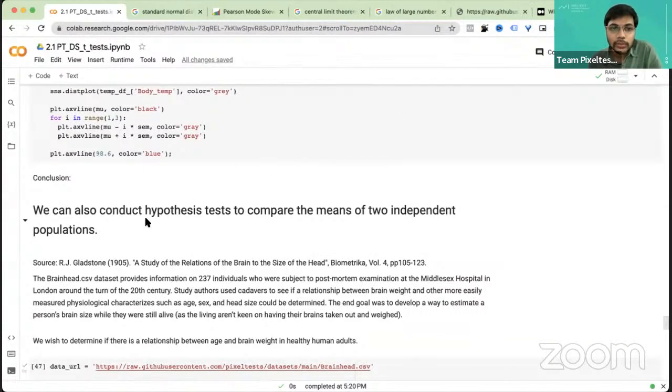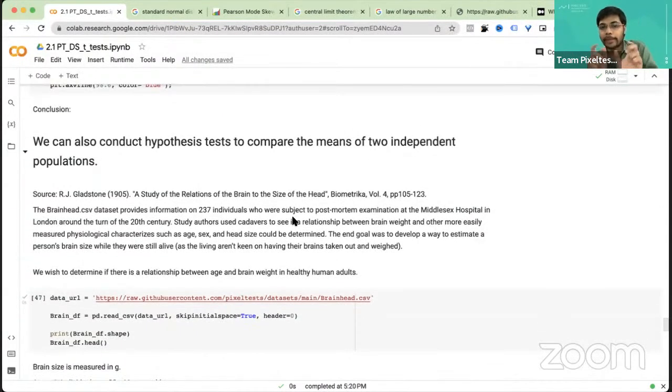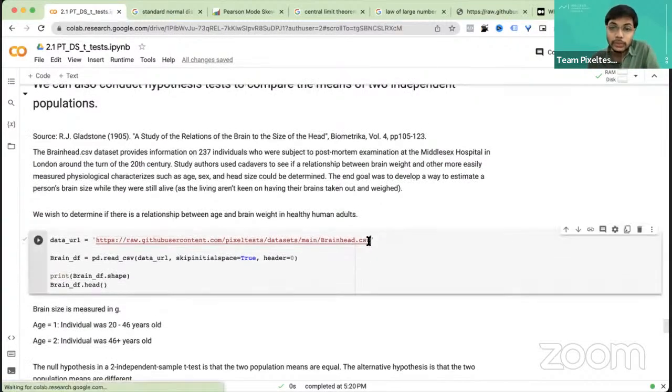So we also conduct hypothesis tests to compare means of two independent populations, right? So you can always go ahead and compare means of two independent populations. Here there is one data set called brain head.